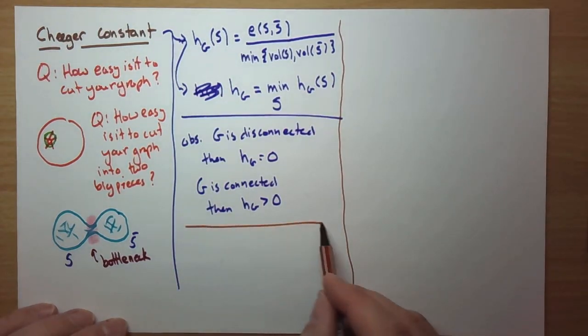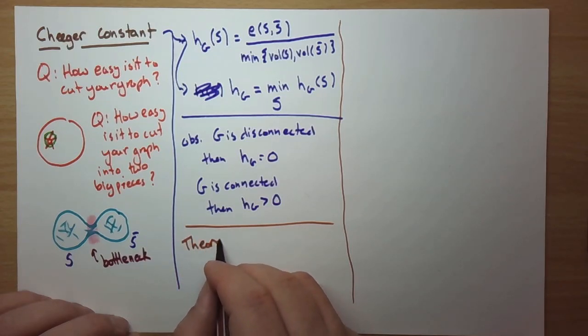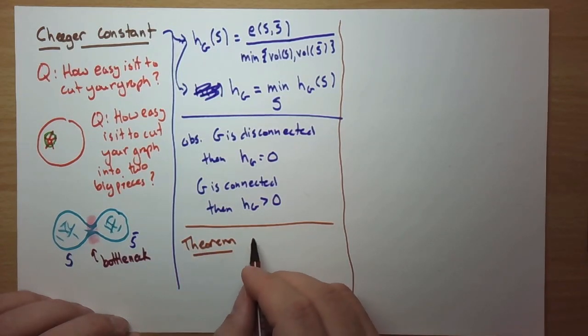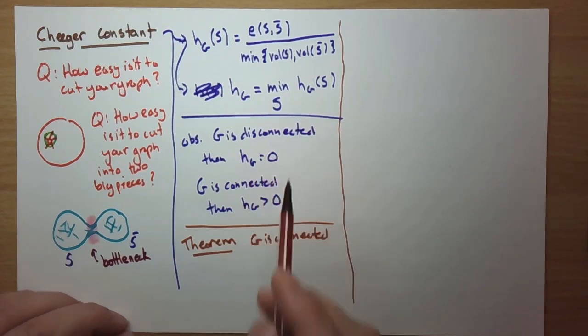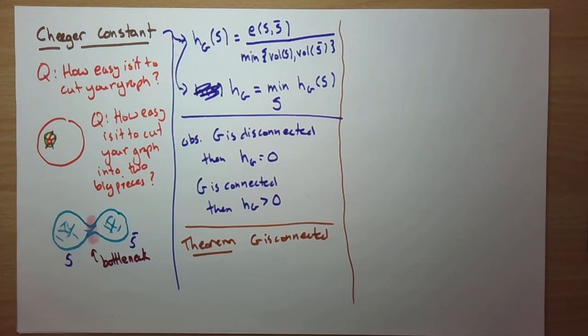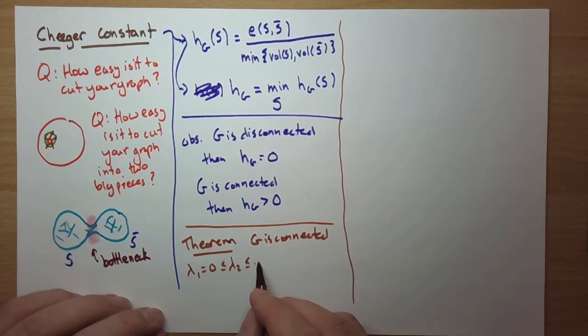In some sense, I'll write down a theorem. So we'll assume G is connected, since if it's disconnected, okay, whatever. Then let's suppose you have lambda 1 equals 0, less than or equal to lambda 2, less than or equal to lambda n.